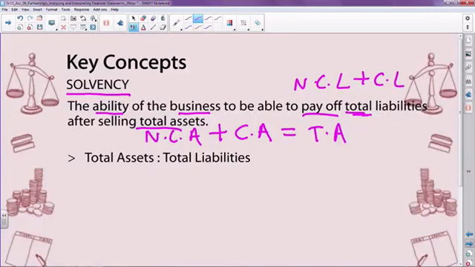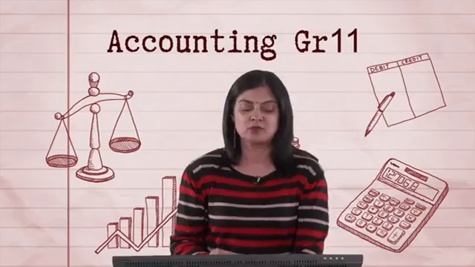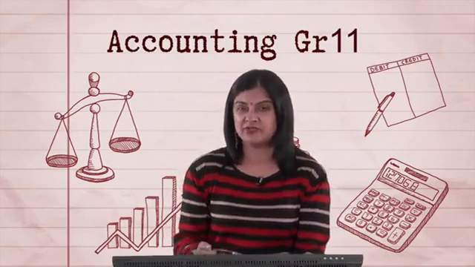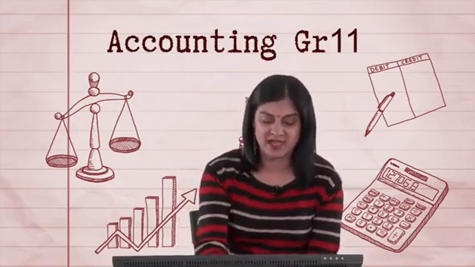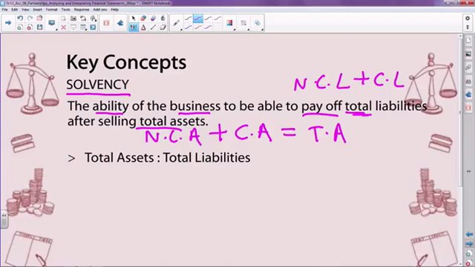Non-current is obviously long-term, current liability is short-term, and total is the sum of the two. There's only one ratio that you guys need to remember when it comes to solvency, and that is total assets being compared to total liabilities.